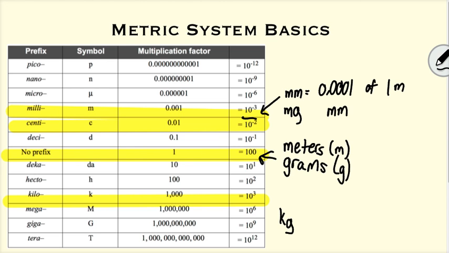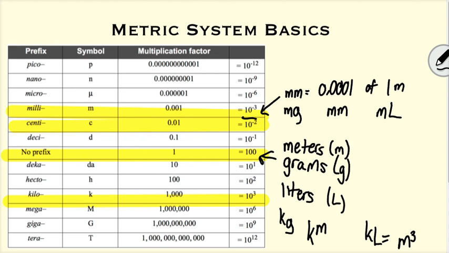If we were talking about kilometers, we would use km. Okay? And then there's liters. Liters is the unit for volume. We use milliliters a lot, which is mL. And every now and then we use kiloliters, but a kiloliter is typically expressed as a cubic meter. They are equivalent, so we typically use that instead.